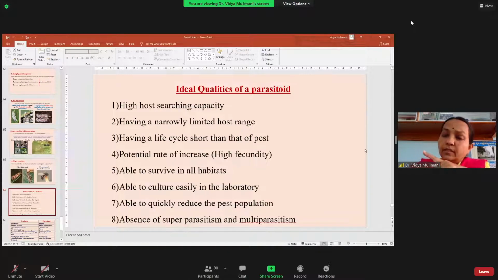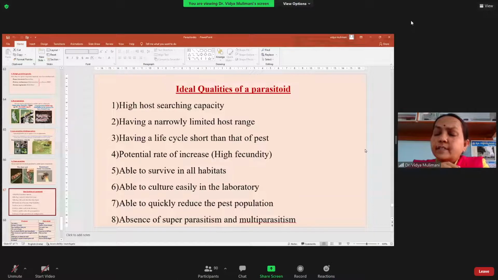If the native parasitoid is stronger than the released population, then when the young ones hatch, within or outside, they destroy the released parasitoids and take the upper hand. Because of this, multiparasitism is not preferred. Did you get it? Yes, ma'am. Okay.